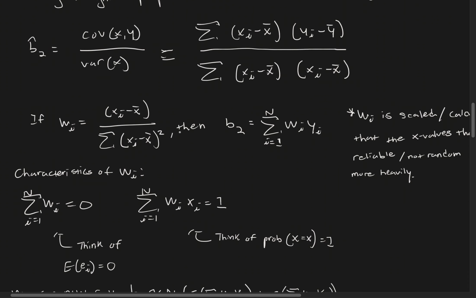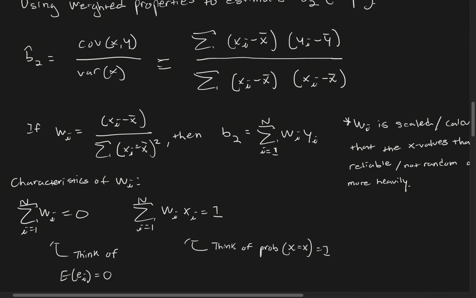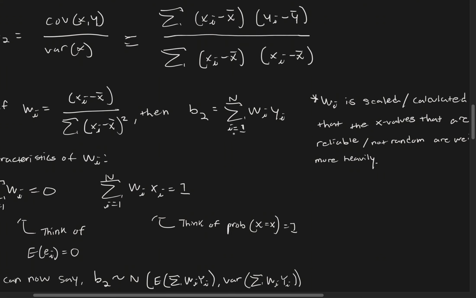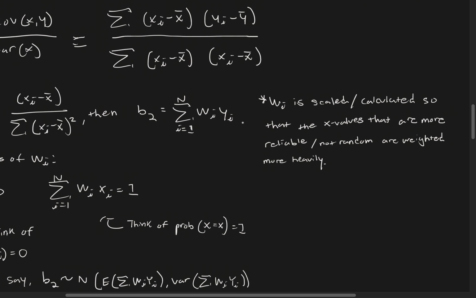What our weighted variable w_i does is only extract the differences of the x values. So when we're calculating beta 2 hat, we're giving it in terms of the summation of the product of w and y.